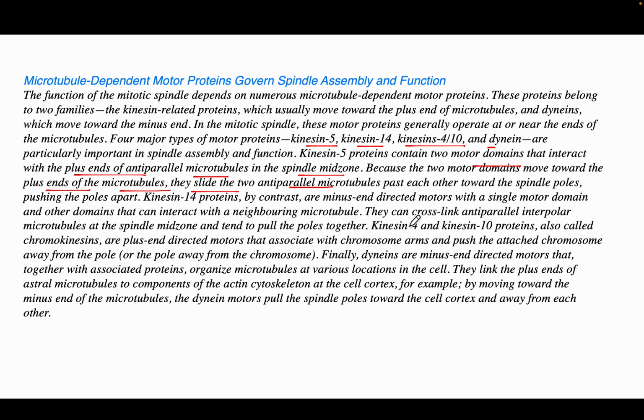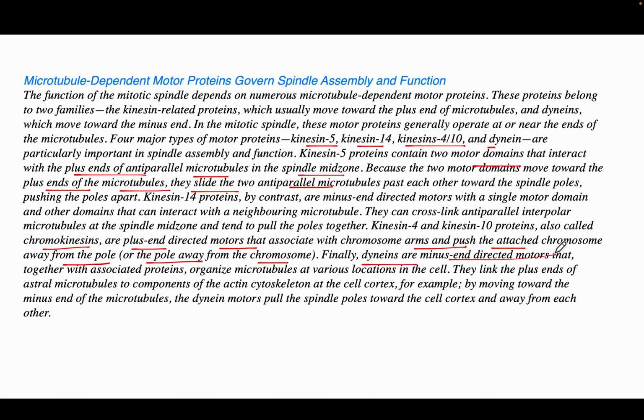What is the function of kinesin 4 and 10? They are also called chromokinesins, and those are plus end directed motors associated with chromosome arms and push the attached chromosome away from the pole or the pole away from the chromosome. And what is the function of dyneins?